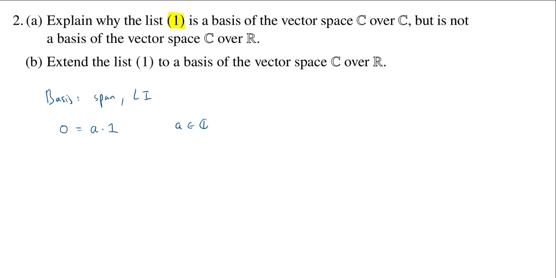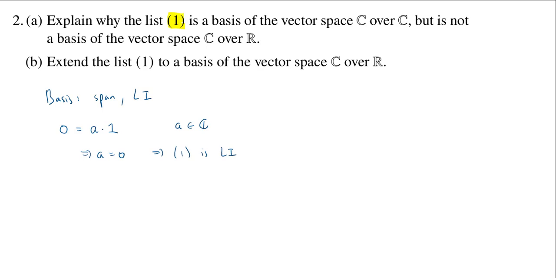So if you have a product equal to 0, then one of the two factors has to equal 0. Well, 1 does not equal 0, so that implies that a is equal to 0. So we've just shown that if you have any representation of 0 in terms of this basis, it must actually be this trivial representation. And so 1 is linearly independent, right? This list containing the number 1.